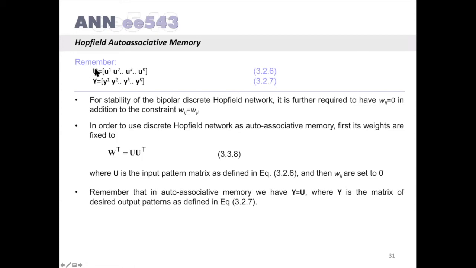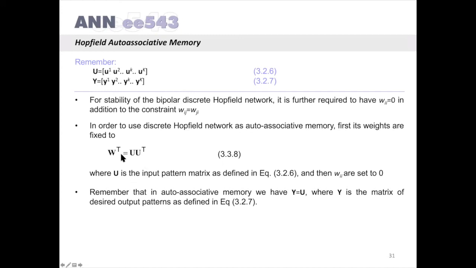Remember that in the matrix U each column is one of the exemplars to be remembered, and each exemplar is of dimension n.